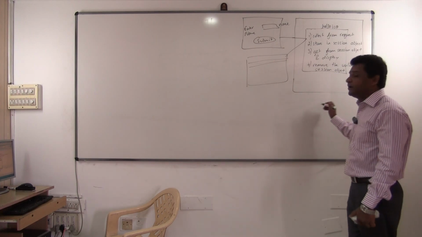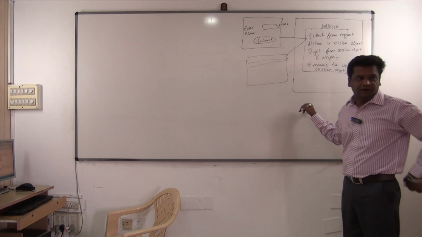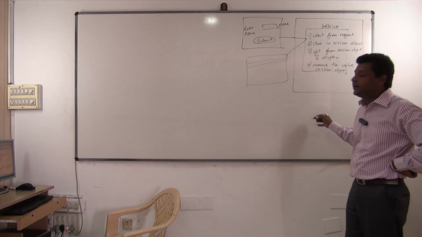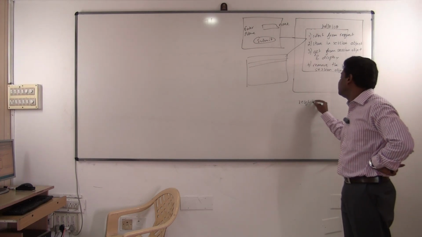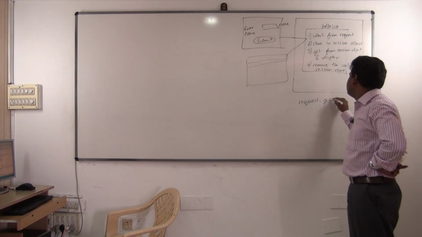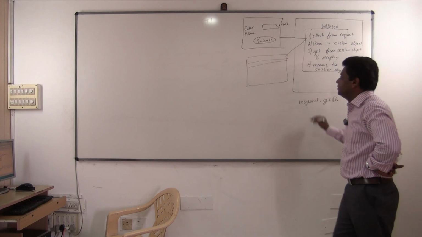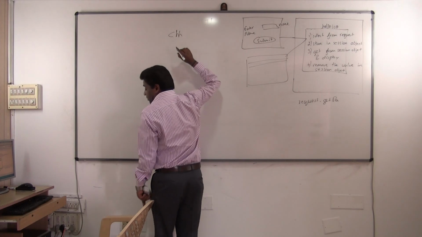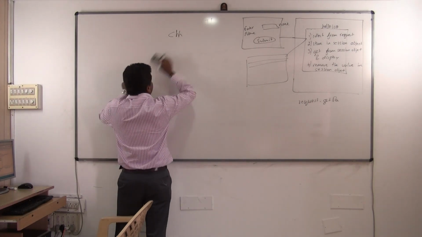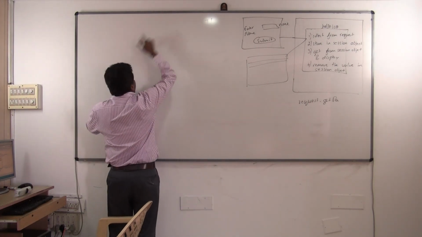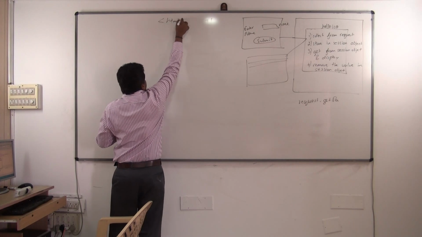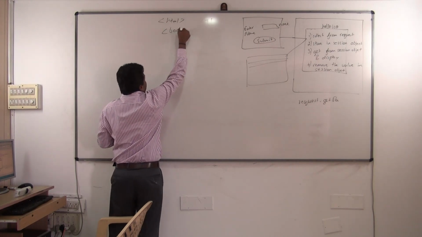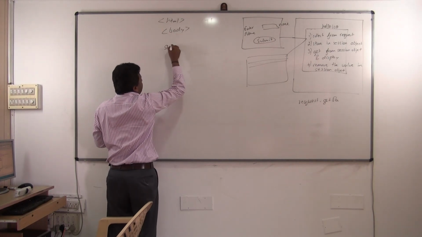Okay. How will you write the Java code, if at all you write it in JSP? If you write this code in JSP now, how do you write it? Request.getParameter. Okay. I'll write it here. HTML, body, BG color, whatever you want to give.